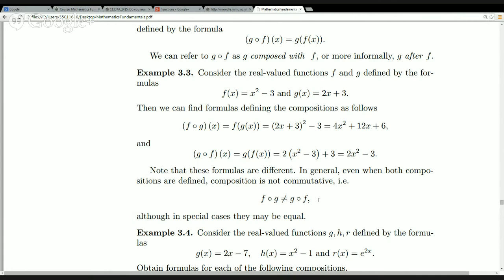It can be seen as an important property of just this very basic, pre-mathematical idea of doing one thing after another. It's only in special circumstances that doing it in the two orders leads to the same result.